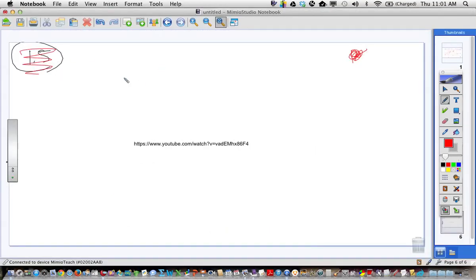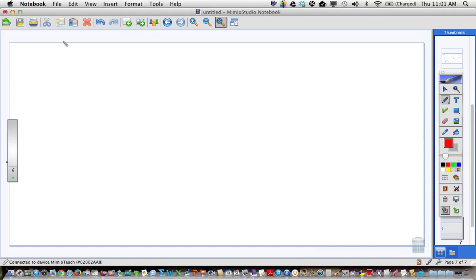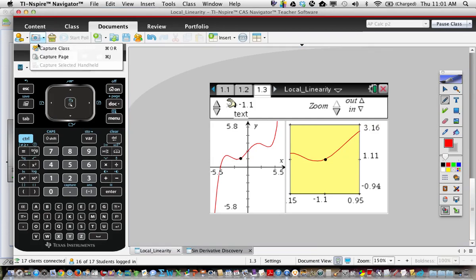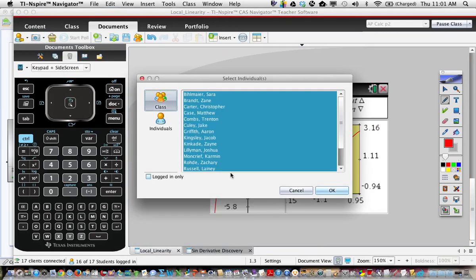All right, so we might have to draw some tangent lines. Now let's go to our calculators. Go ahead and pull up this local linearity document that I sent you yesterday.